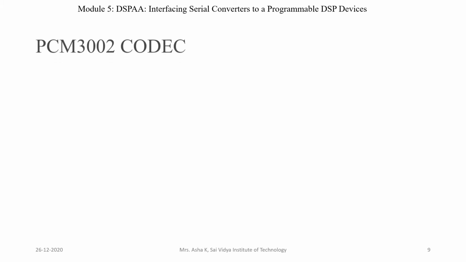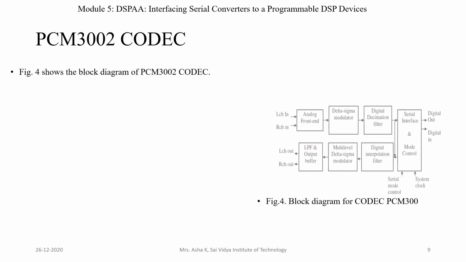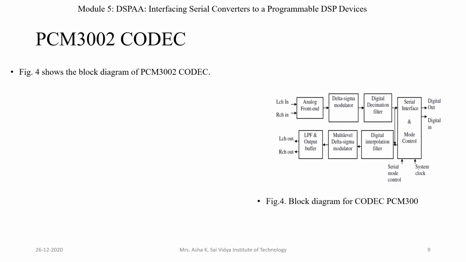A pulse code modulation PCM3002 codec, coder and decoder, is shown in figure 4. It consists of left channel input, right channel input, and left channel output, right channel output. We have at the beginning the analog front end, the delta sigma modulator, a digital decimation filter to decrease the sampling rate, a serial interface and also mode control bits operation.